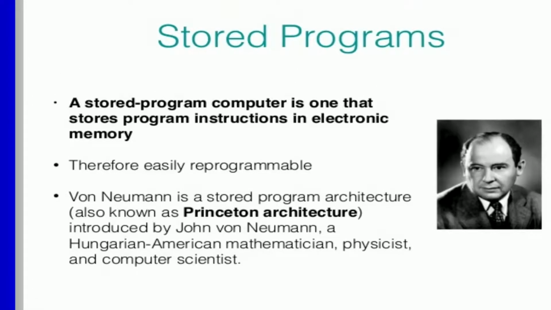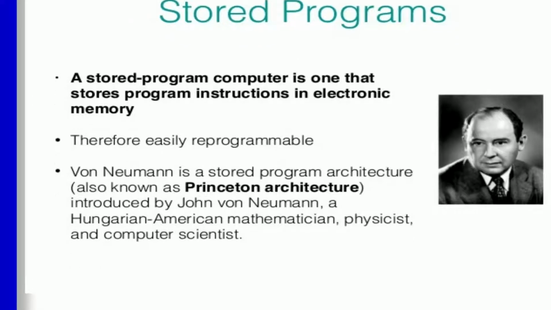So let's see about Von Neumann, what he is saying and what his idea is. A stored program computer is one that stores program instructions in electronic memory. So the instructions are stored in an electronic memory, and are therefore easily reprogrammable.